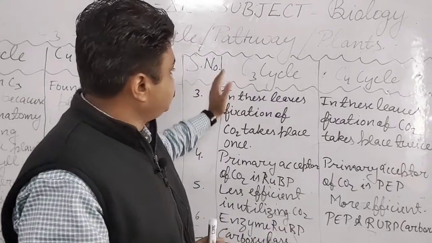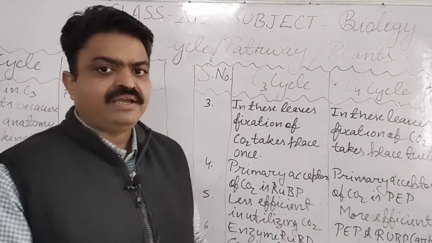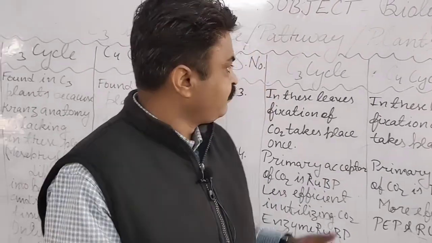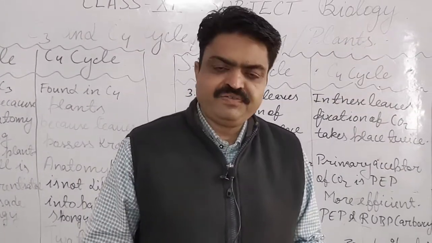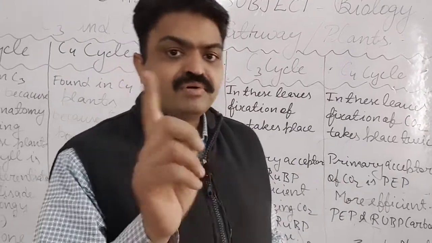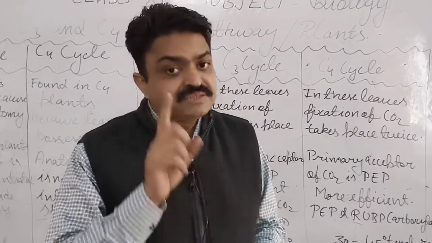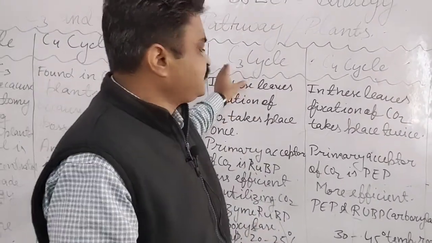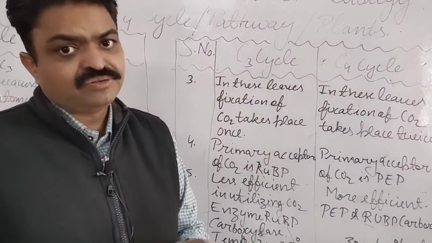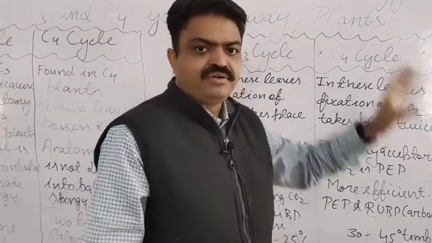Next, the C3 cycle, student, is found in plants like potato, tomato, and brinjal. But the C4 cycle is found in sugarcane and maize. Plants that have the C3 cycle or pathway are known as C3 plants, and examples are potato and tomato.